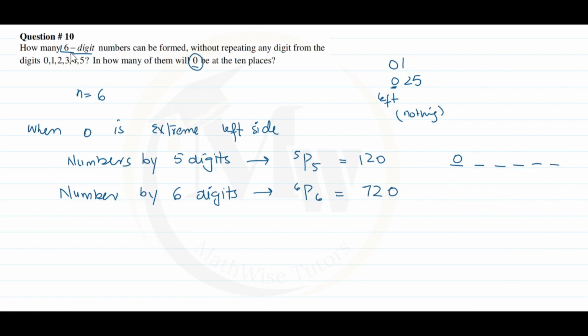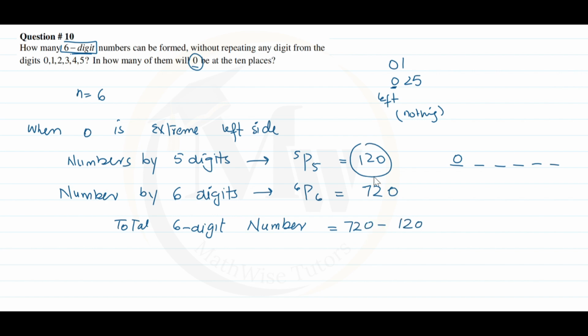But we need to make the 6-digit number. So we'll subtract all of these from this, because in this the 0 will be at the first place. So the total 6-digit numbers would be 720 minus 120.